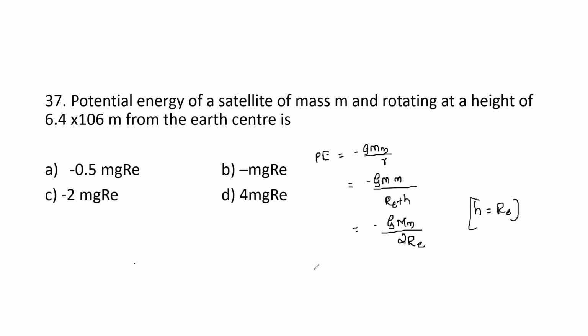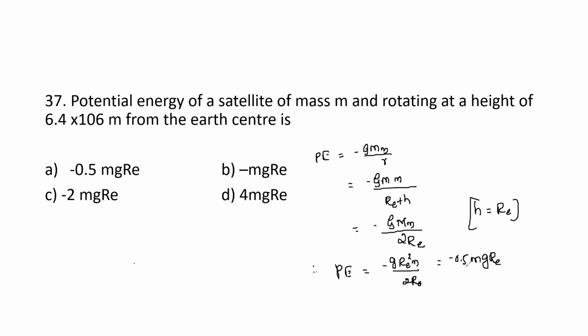Therefore, potential energy is equal to minus G Re square into m divided by 2Re. So 1 by 2 is how much? It is 0.5. So minus 0.5 m G Re square divided by Re, and Re will get cancelled.